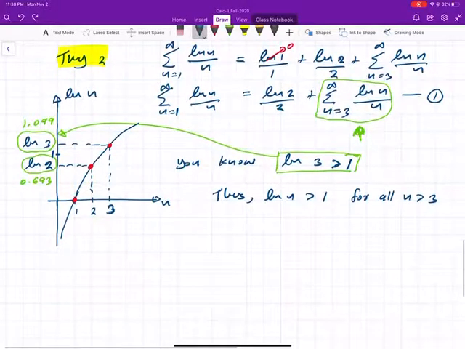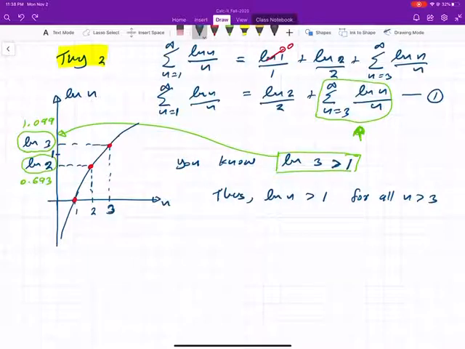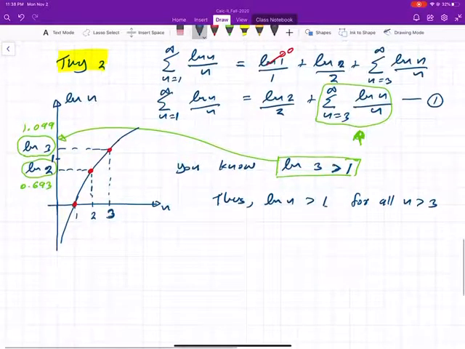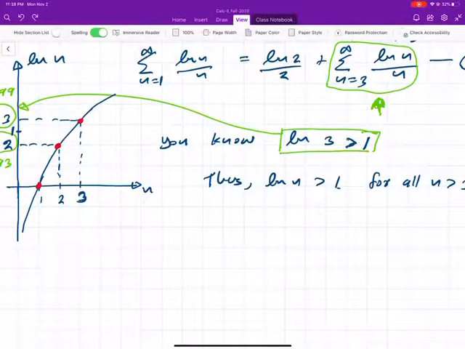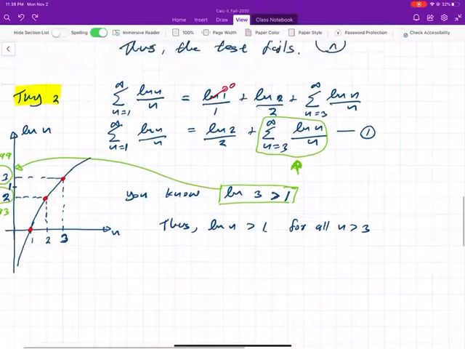Alright, so just start the inequality from here. I have written down ln n greater than 1 for n greater than 3. Now what I'm going to do is divide both sides by n.